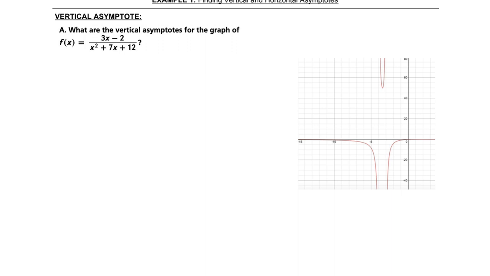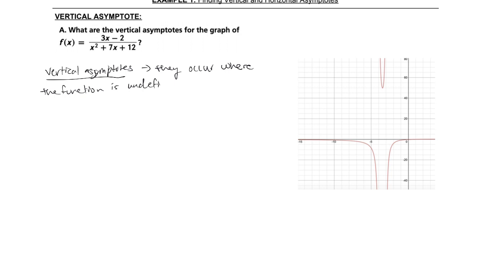So vertical, right, up and down. So vertical asymptotes occur where the function is undefined, meaning where the denominator equals 0.